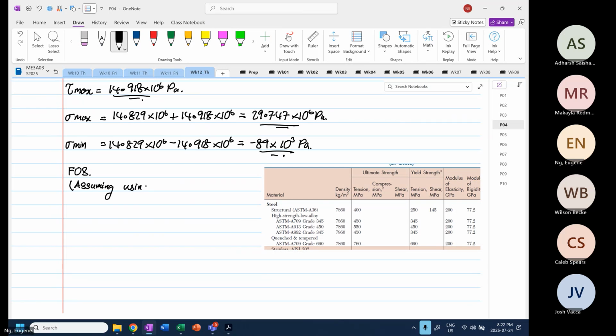So I'm going to state down here, assuming using ASTM A709. So from here, you know that the stress yield will be equal to what? ASTM 709 is equal to 345.